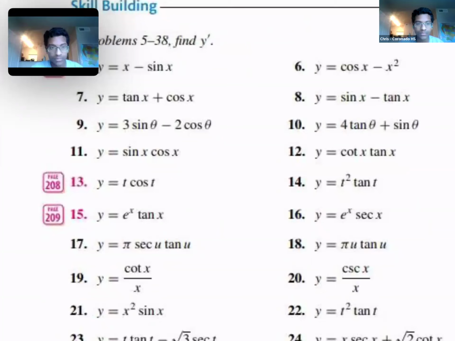13. 3 times t minus t sine t, sir. Minus t sine t. Are you missing something? Oh, okay.